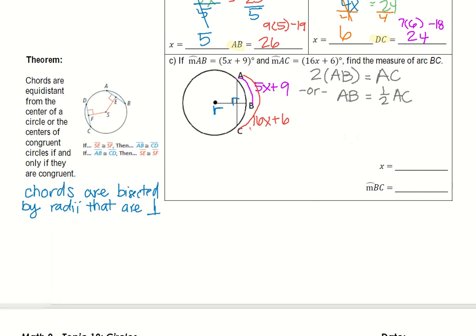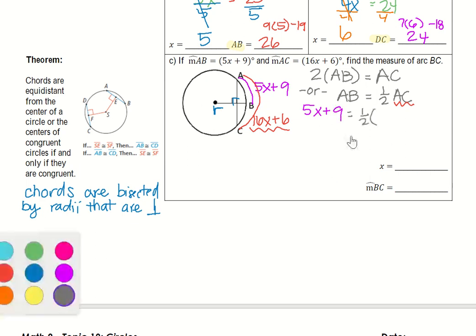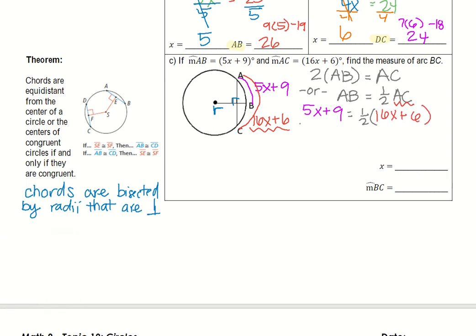If I think about AC as 2 even numbers, so that one's probably the better one to do, right? If these were odd numbers, I would want to do the first formula. But since they're even, let's do the second. So 5x plus 9 is equal to half of 16x plus 6, or 5x plus 9 is equal to 8x plus 8.